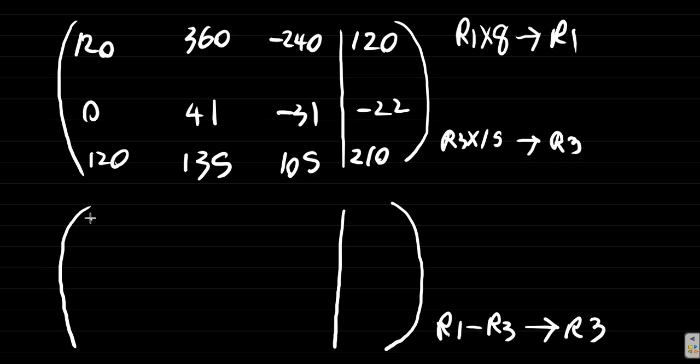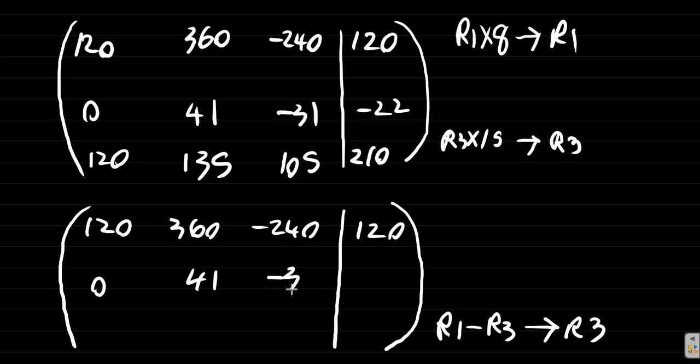So row 1 will not change. 120, 360, negative 240, 120, 0, 41, negative 31, negative 22. Row 2 will not change. Only row 3 will change. Row 1 minus row 3. 120 minus 120, 0. Then 360 minus 135 gives us 225.